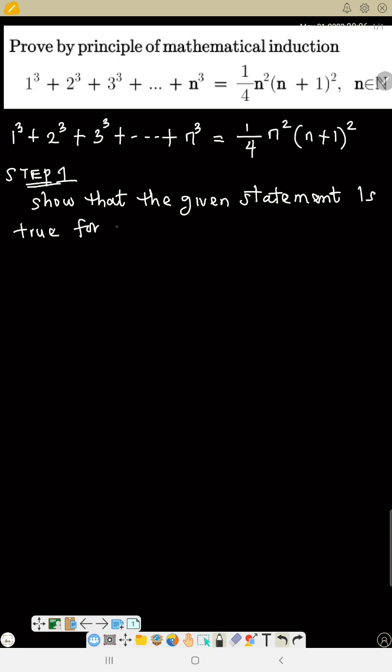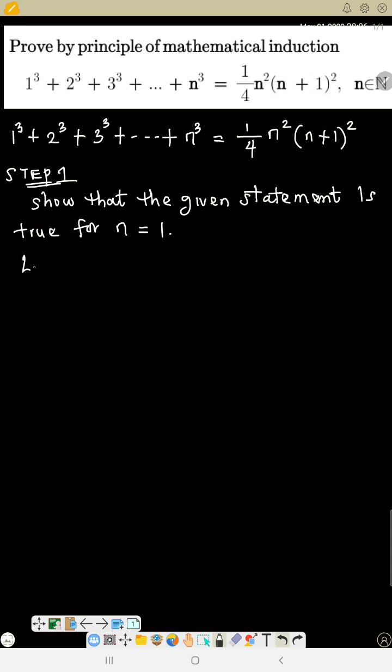Step 1: show that the given statement is true for n equals 1.